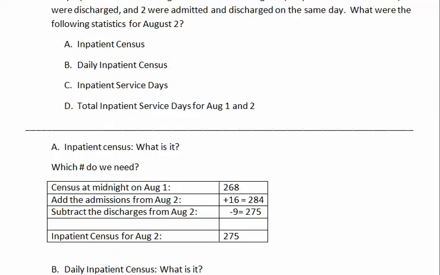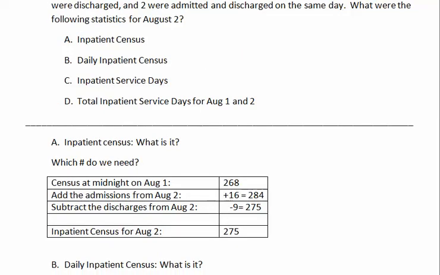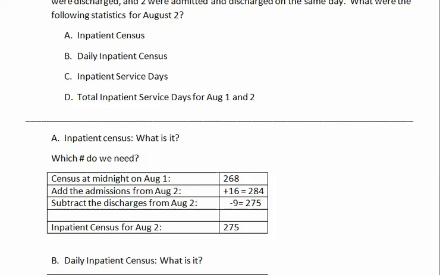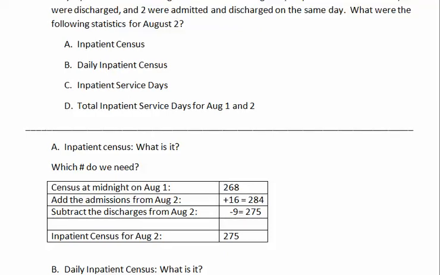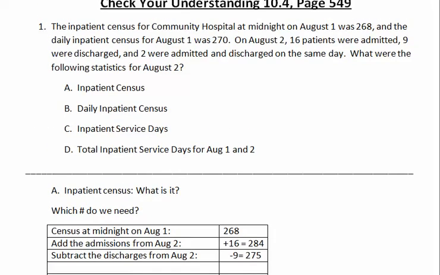Okay, letter D asks us for the total inpatient service days for August 1 and August 2nd. Remember that we can get total inpatient service days by simply adding the inpatient service days together. So for August 1st, we know that the daily inpatient census was 270.